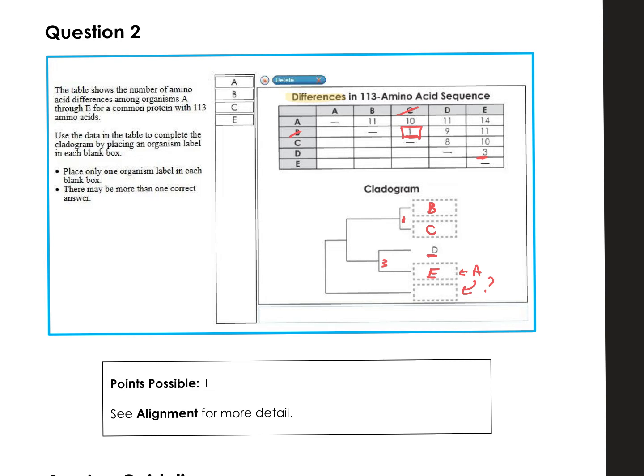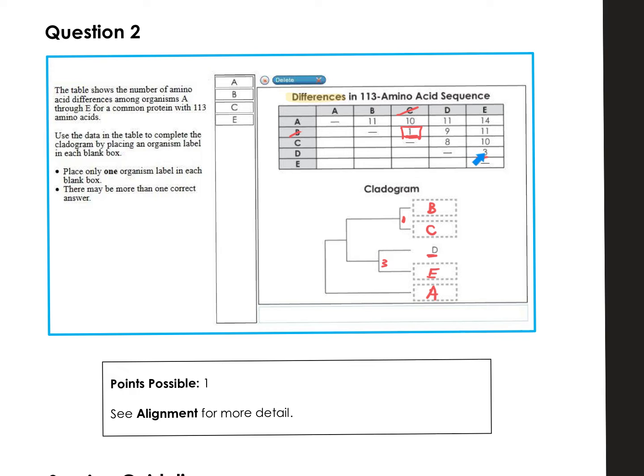But A would have to go in the only slot left, which would be here at the bottom. And you have to ask yourself, is that right? Does that show a lot of difference? How closely related is A to any of these? Well, A is 11 at the closest and 14 at the furthest away. So that makes sense that A is all the way out here.